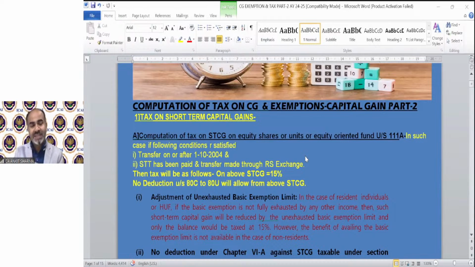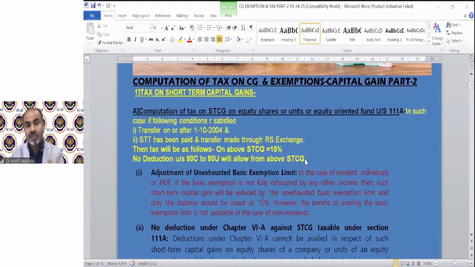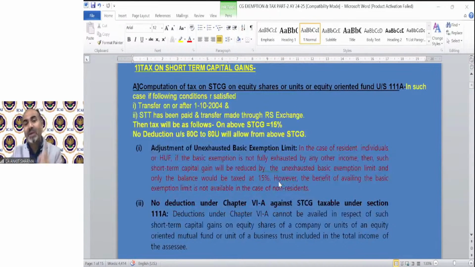Second, it says that if it is an equity-oriented fund on which STT has been paid at the time of transfer. If they are long term, that is going to be taxed as per section 112A. If these are short term, then they are going to be taxable as per section 111A, what we are discussing over here. So these short term equity shares are going to be taxed at the rate of 15%. You can claim the basic exemption limit of 2,50,000 or 3 lakh as the case may be.